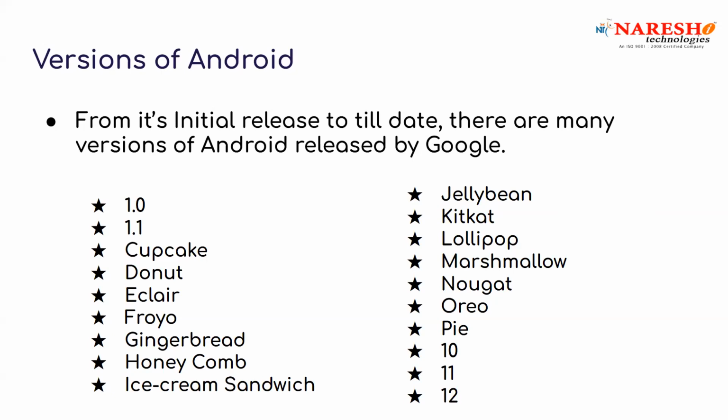And after pie, Google decided to stop giving its versions code names. So we have 10, 11, 12, and 13. 13 is also being rolled out and people are getting updates. I did not include 13 because it is still being rolled out. It's not entirely rolled out. Only a portion of the people who are able to get that update have got it. Some people are not getting it even today. So maybe we'll include 13 tomorrow or the day after.